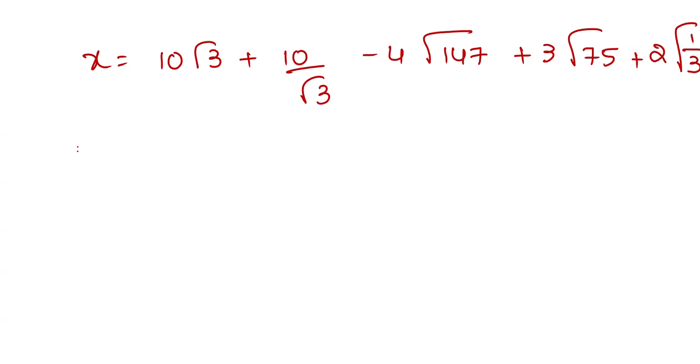Then what can be done? First of all, nothing should be in the denominator. First do this. I am taking this as 2 into root 1 by 3. If things go wrong, then we'll consider the square root and check. We don't have any option. We cannot argue with the company, right? So 10 root 3 fine, keep that as it is, but this one you do rationalization, multiply with root 3 and divide with root 3.